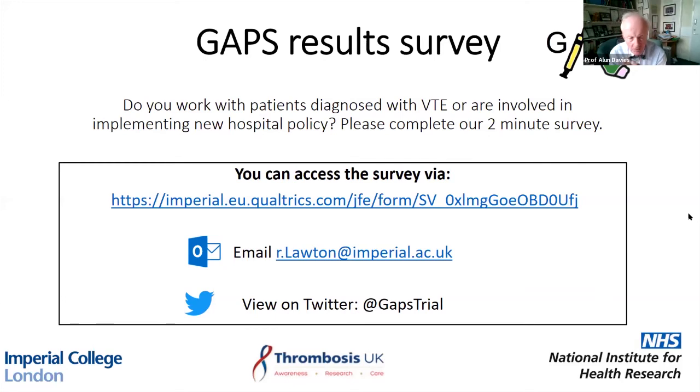I can't really make any comment on the medical patients at all, because that obviously wasn't the trial cohort. But I think it would be very clear for those patients who are high in surgical risk, who are undergoing a general surgical, ENT, or even orthopedic surgery, who are not deemed to require extended prophylaxis, there really is no argument for giving them graduated compression stockings.